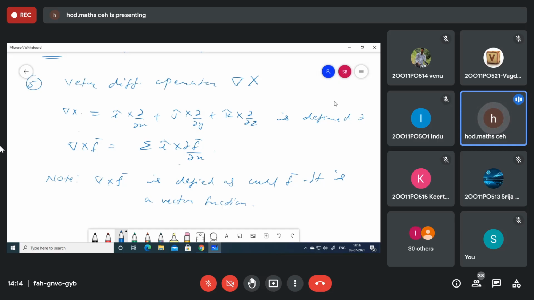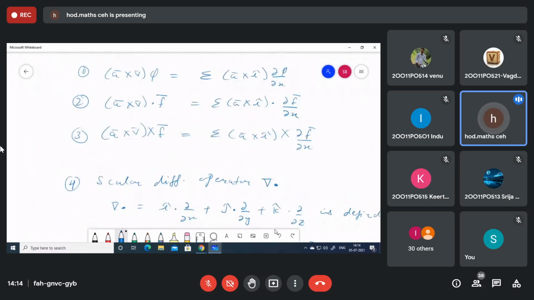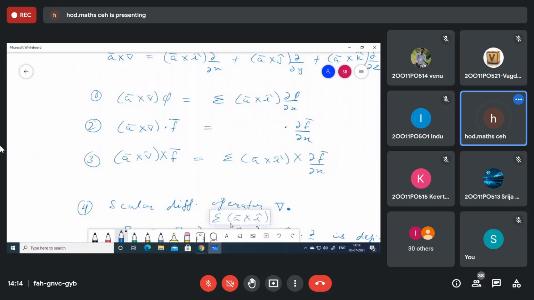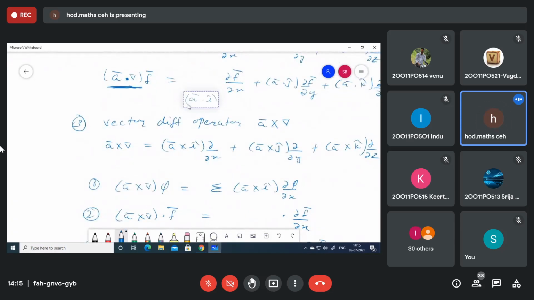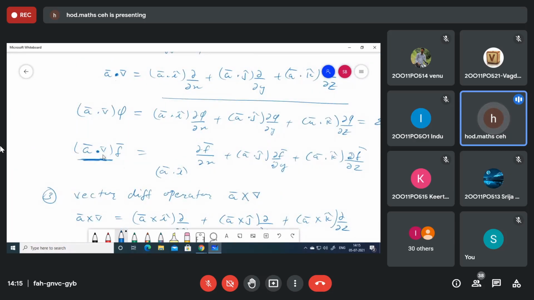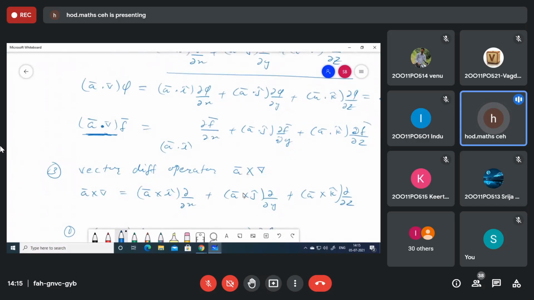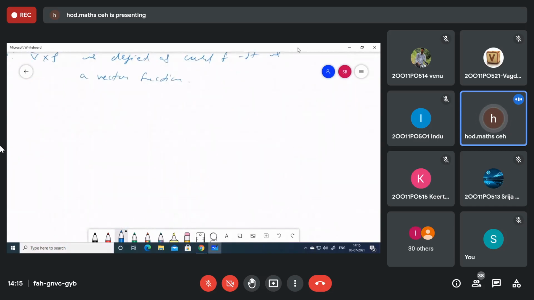The only new things you have learned among these 5 are the second one, A bar dot del, and the third one, A bar cross del. Only these 2 are new. Remaining all are repeated, the same ones.